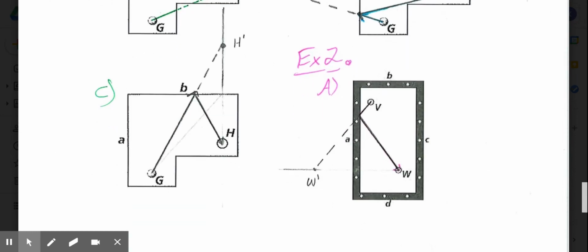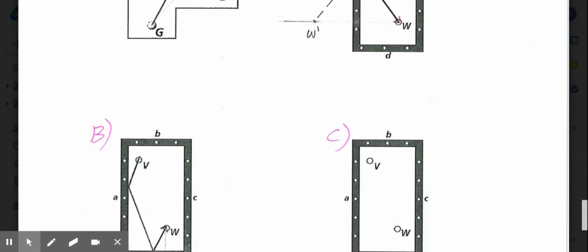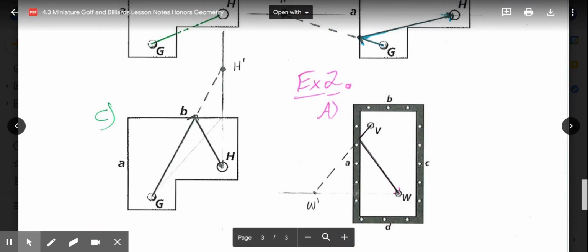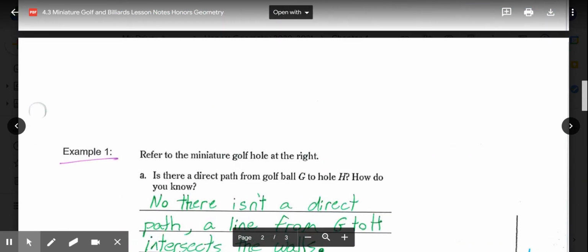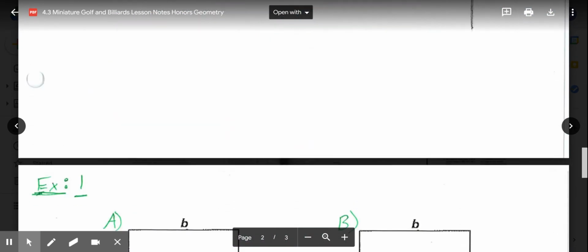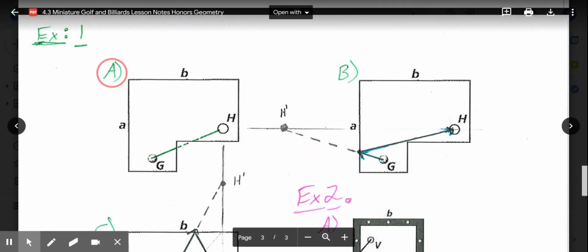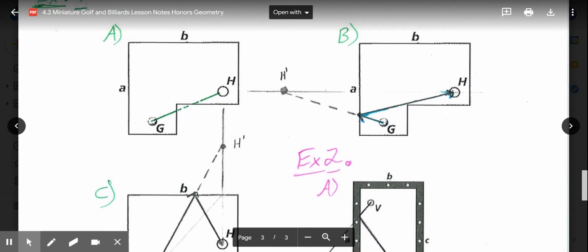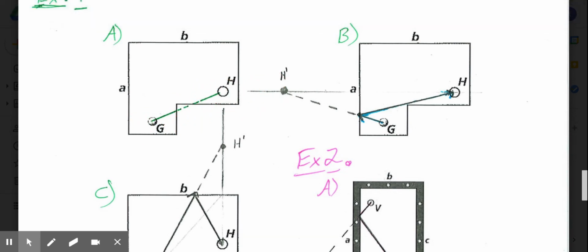Now, what I ended up doing with these is, and I've forgotten until now, this is where I actually put the 3 drawings step by step for example 1. So these 3 right here, A, B, and C, are example 1. So part A, trying to find a direct path from G to H, not possible.